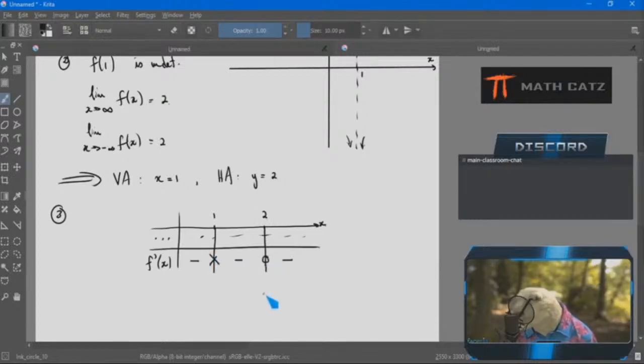Derivative of 2, 0. So now, this is really all I need. I have a negative slope line, then some bad stuff's happening, which I know is a vertical asymptote, then a negative slope line again. Negative slope line, 0 slope, so horizontal asymptote, and then, no, not positive, but negative again.